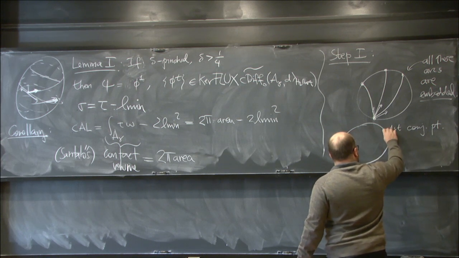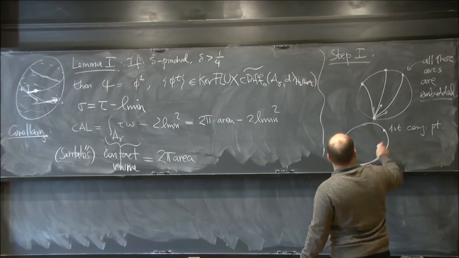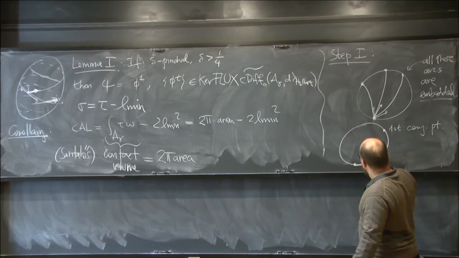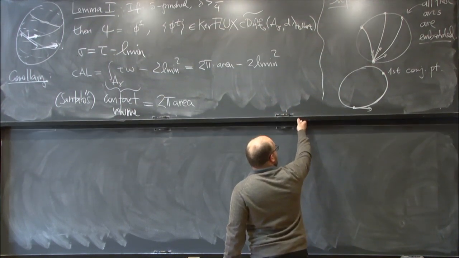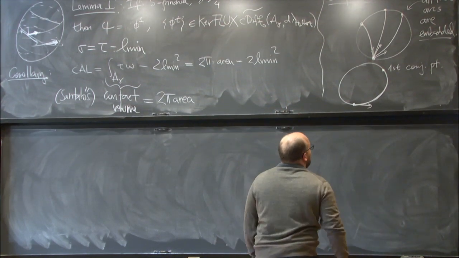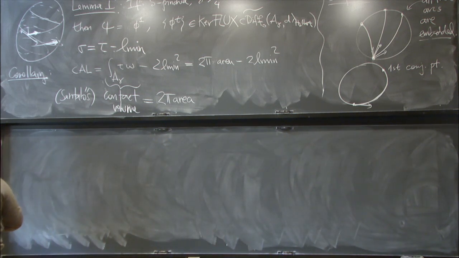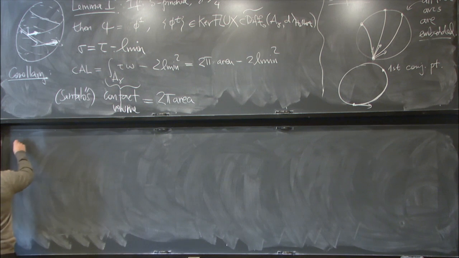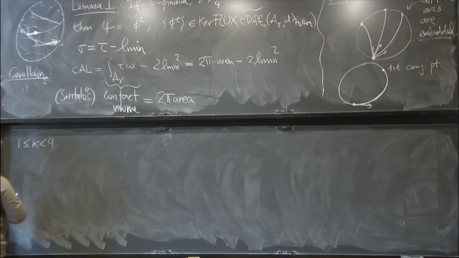So I have to show that this arc is embedded, meaning that it doesn't self-intersect. So it means that this length is less than the total length here. Okay. How do you do this? You just have to estimate the time to the first conjugate point. So for this part, normalize the curvature between 1 and 4.